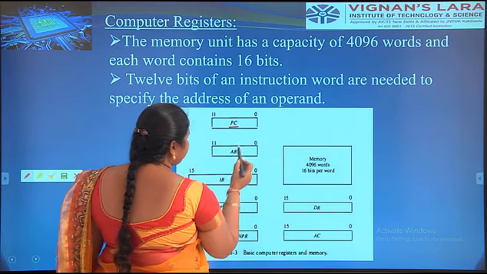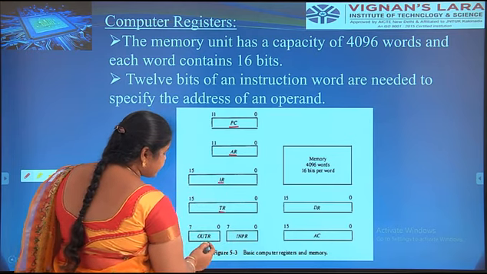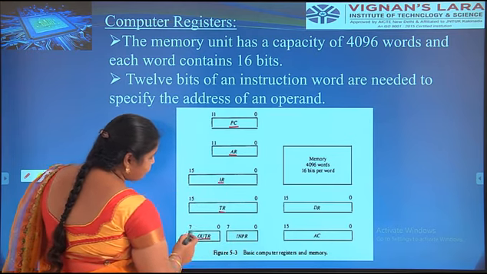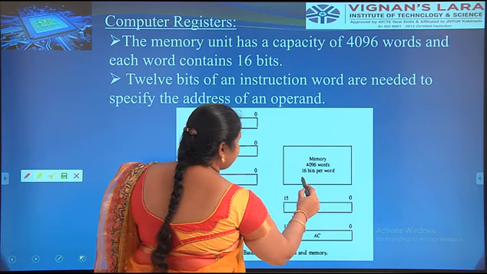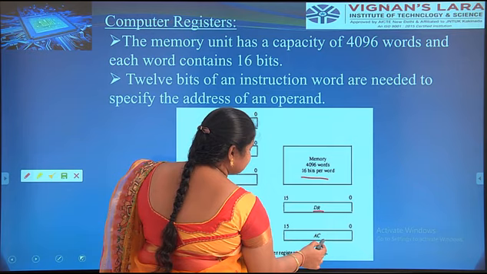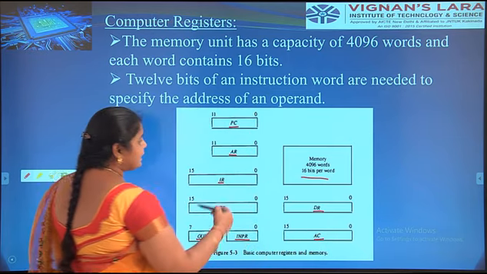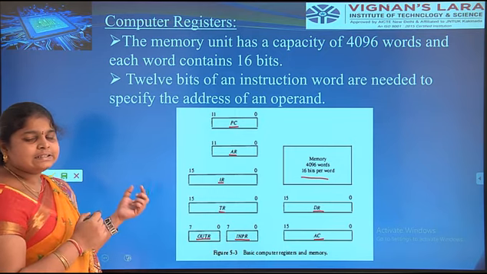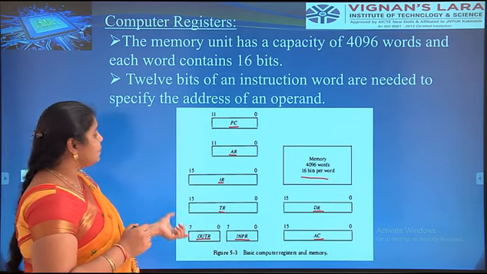PC means program counter, address register, instruction register, temporary register. This is an output register and input register. This is a memory and this is a data register and accumulator. These are the 8 registers contained in the common bus. We use them in the common bus.